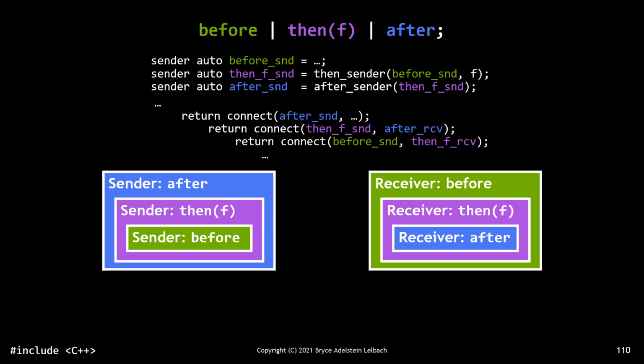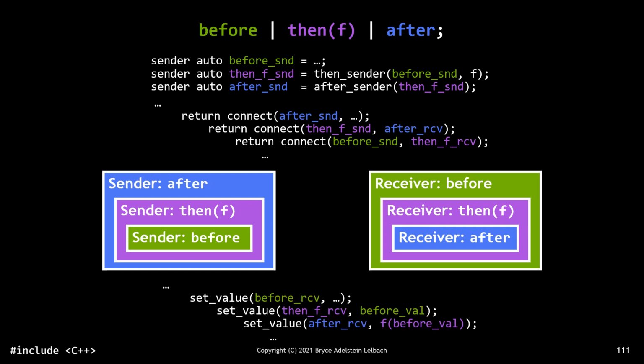A nested operation state structure is also produced and returned from connect. Eventually, we'll start that operation state. As the operations complete, they'll begin notifying their receivers with signals. When the before receiver gets its signal, it will notify the then receiver. If it's a value signal, the then receiver will invoke f with the value and signal the after receiver with the results of that invocation.